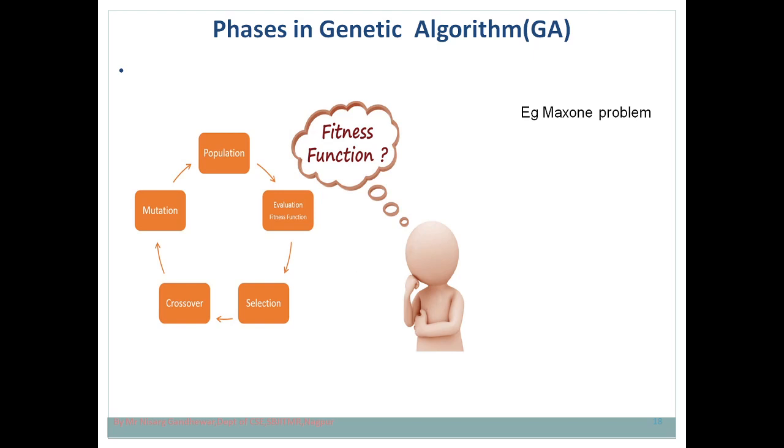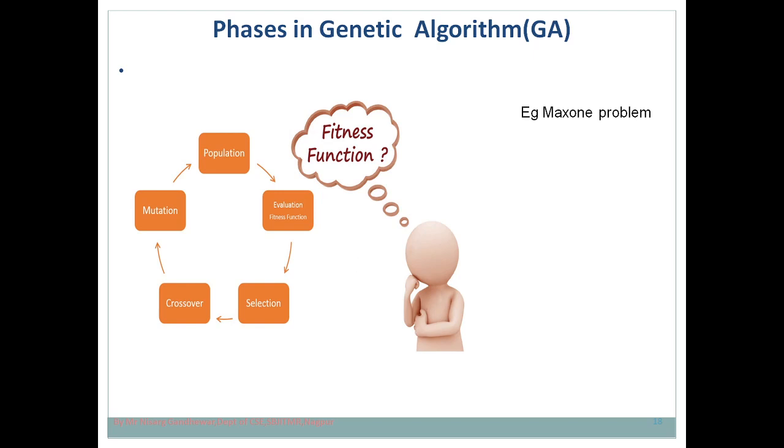Then selection. In case of selection, you select only those paths which have the lowest cost. After that there will be crossover. In case of crossover, you fuse the two paths which you have selected. You have selected 2 paths which have optimum cost, the highest fitness, and then the crossover operation will be there, which is fusion.